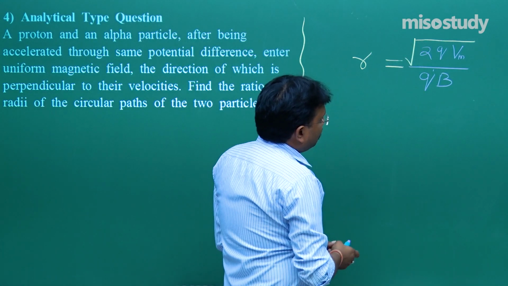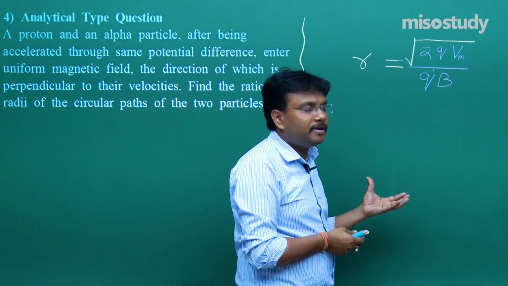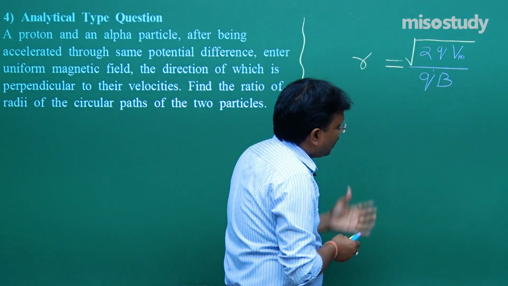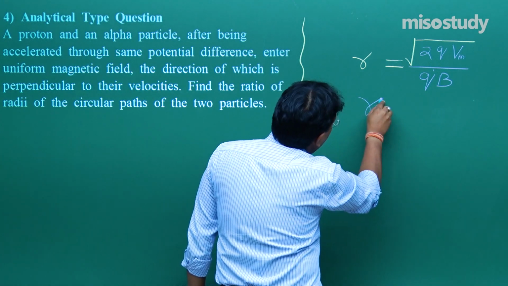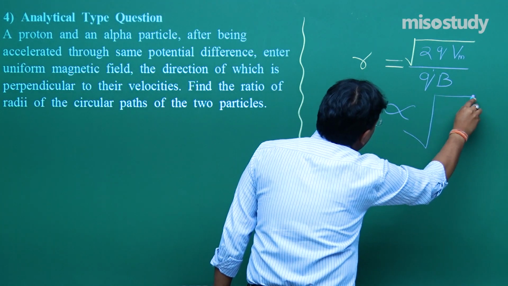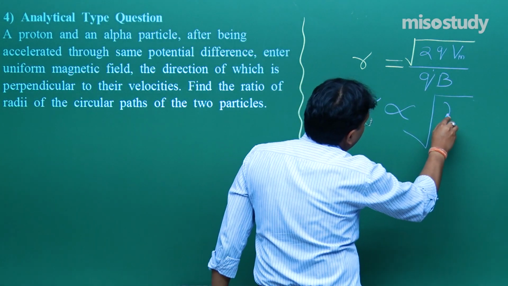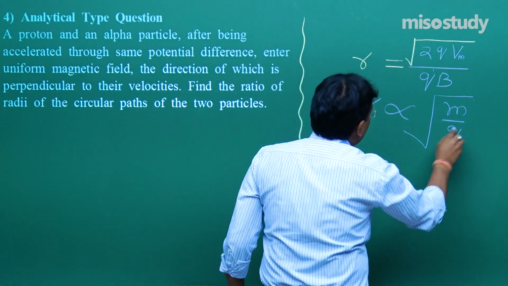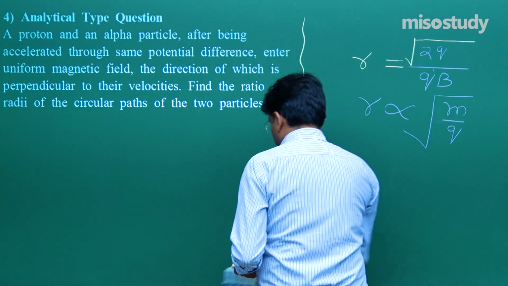Vm is the potential, the maximum kinetic energy with which they are accelerating. Now from here what can I say? R is directly proportional to the square root of M upon Q. I think I should change this formula in this fashion.